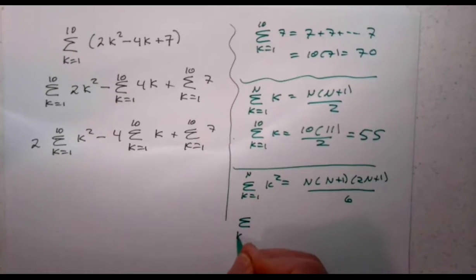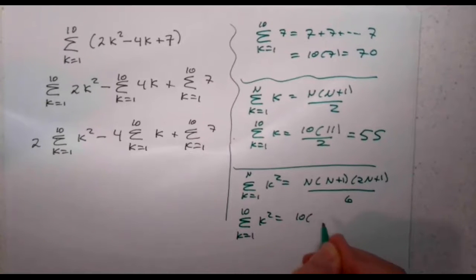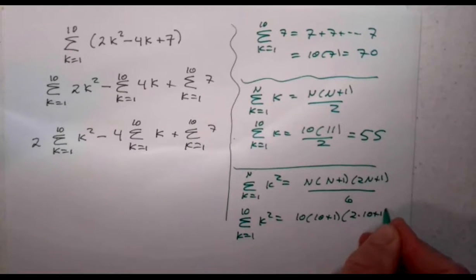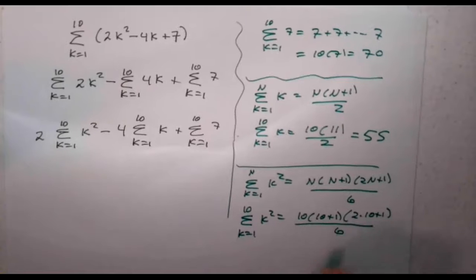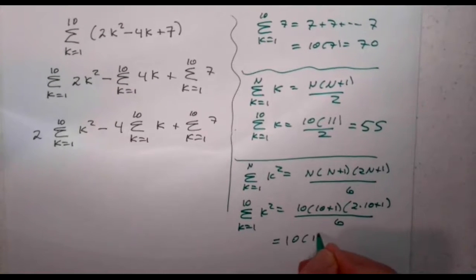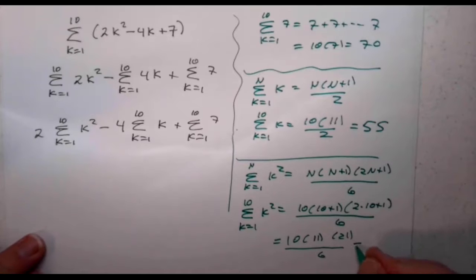So the sum as k goes from 1 to 10 of k squared would be 10 times 10 plus 1 times 2 times 10 plus 1 all over 6, which is 10 times 11 times 2 times 10 is 20 plus 1 is 21 over 6. 10 times 11 times 21 divided by 6 is 385.